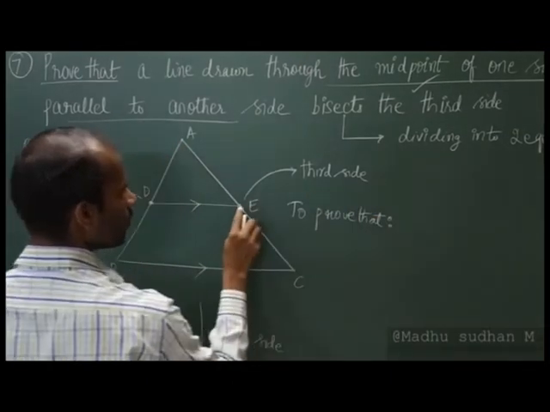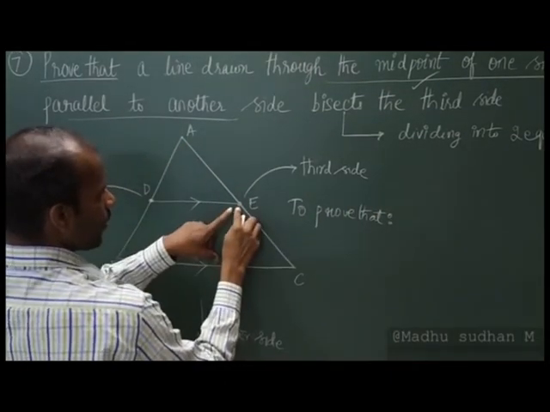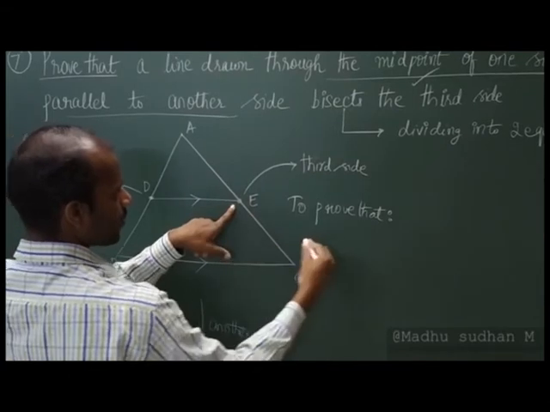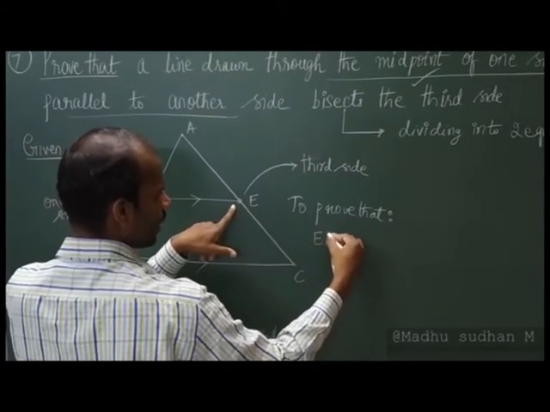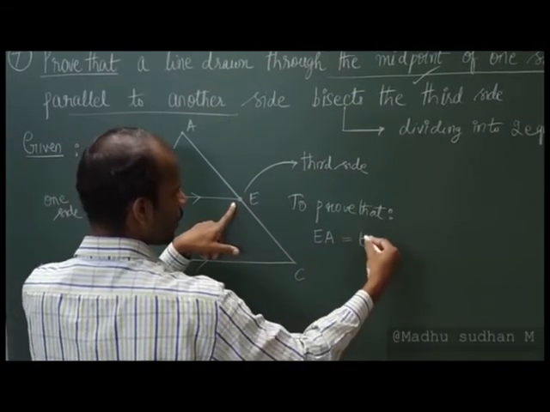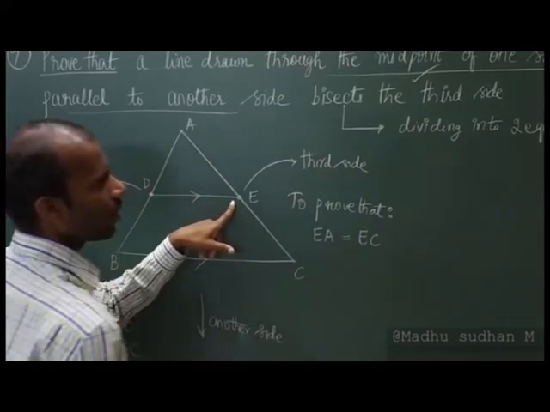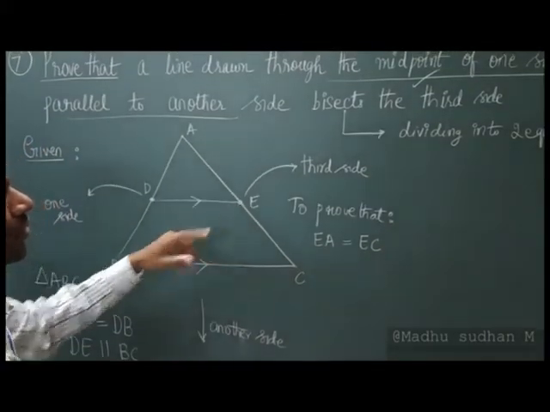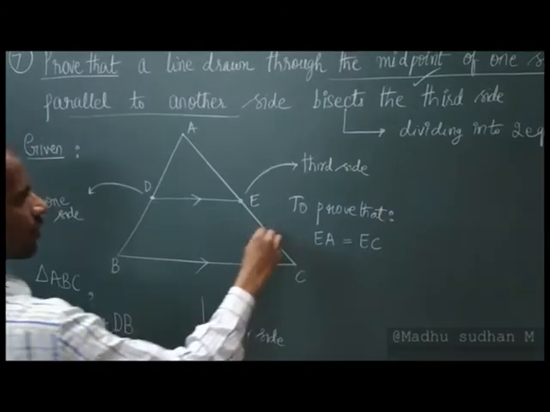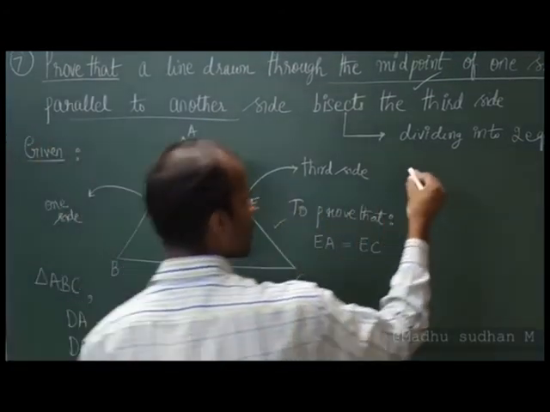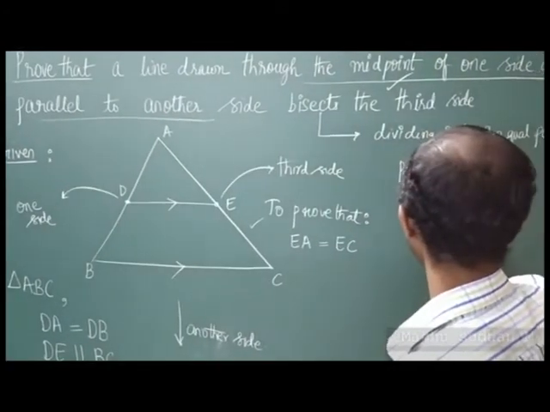So what is the meaning of this? This is equal to this part, right? So let me write to prove that EA should be equal to EC. If we have understood this statement properly, then this is to be proved. So now we shall start with the proof part of this question.